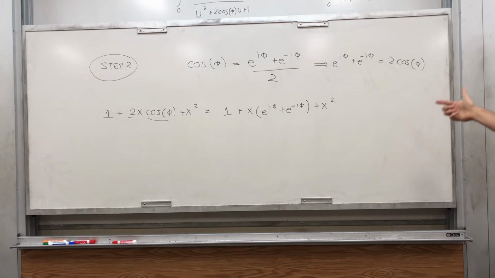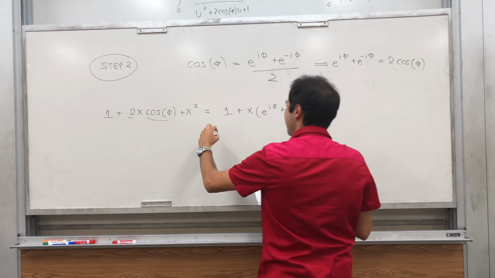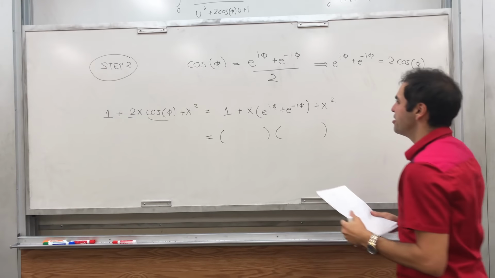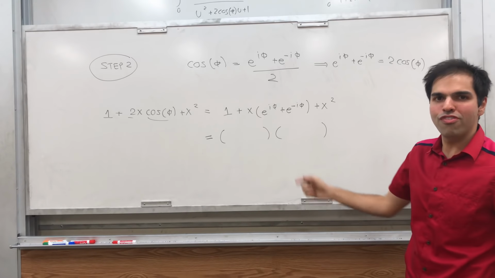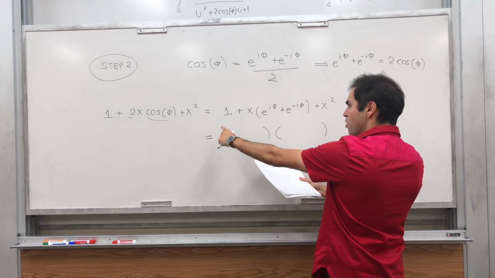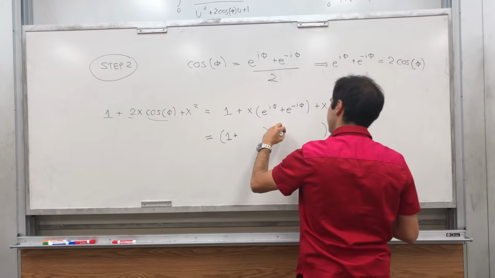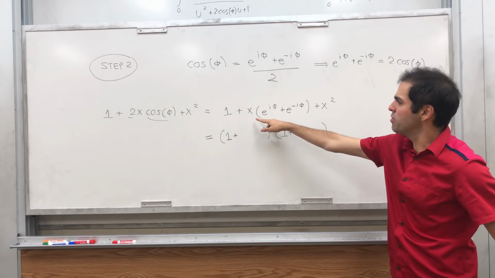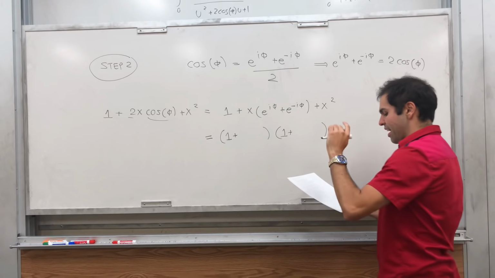And then notice this is kind of the first part of a foiling expansion. This is kind of beautiful. So it turns out this is indeed the product of two factors. We would like those factors to multiply by 1. So 1 plus something, 1 plus something. And then the cross term should be x e to the i phi plus x e to the minus i phi.